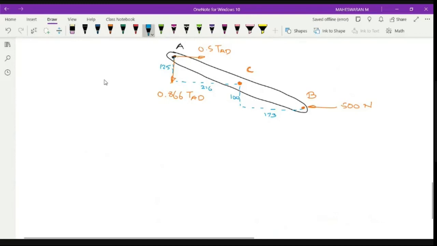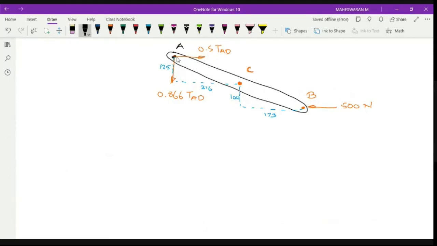Now I will take moment at C. For these three forces, Cx and Cy will get cancelled because there is no distance. Force into perpendicular distance, that is your moment. Let me take moment for this one. The horizontal force, so the distance is vertical.